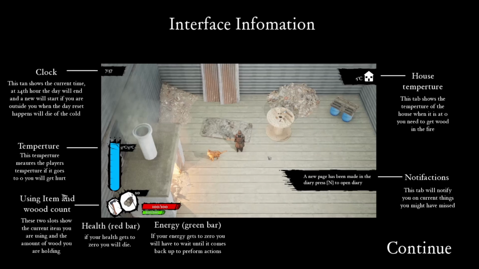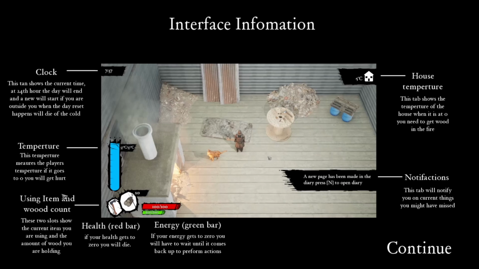Here at the start you are given interface information on what is on the UI: the clock that gives you the time of the day, the temperature that tells you what your body temperature is, the item and wood count slots, which show you which item you're using and the amount of wood that you have, your obvious health bar, and the energy bar which tells you how much energy you've got, which allows you to cut down or mine.